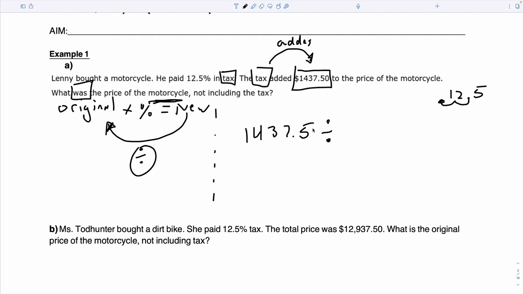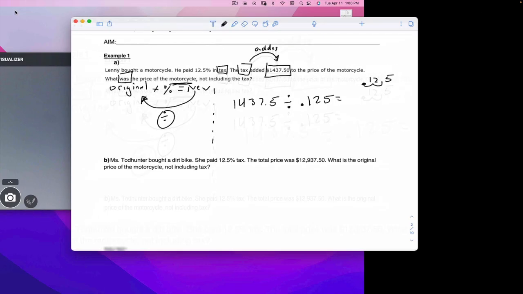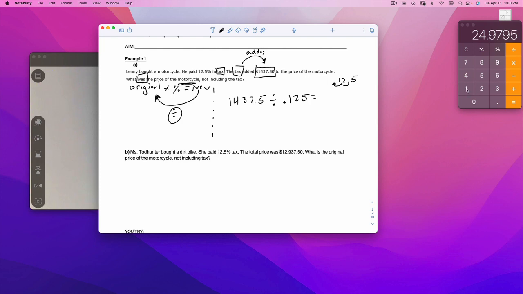I'm just working with the tax, so I don't add or subtract anything to 100 yet. I just divide it by 0.125. You do not add or subtract 100 if you're just dealing with tax.